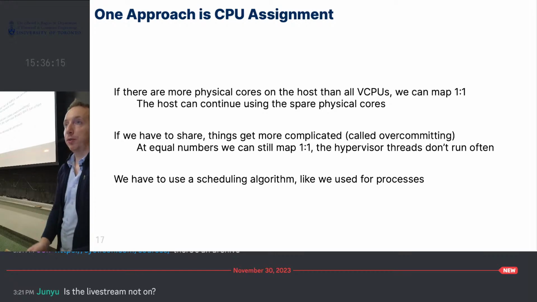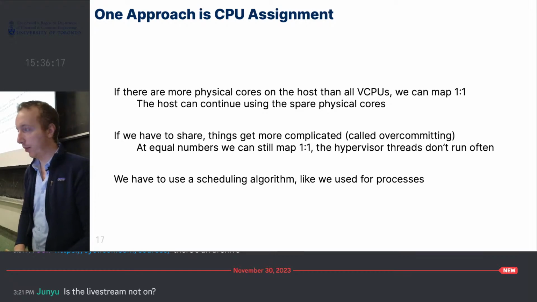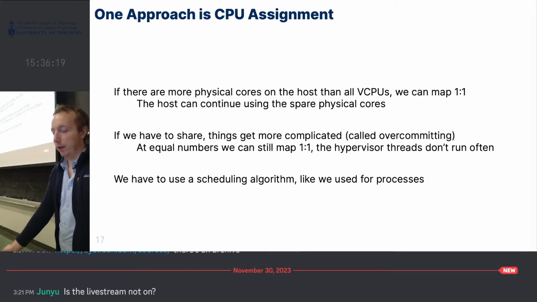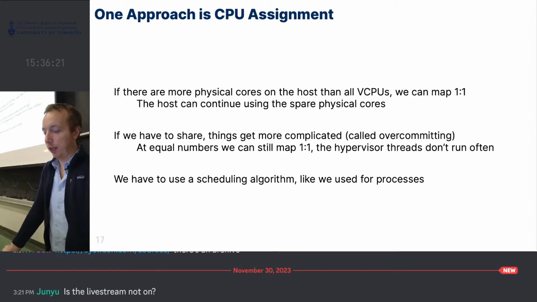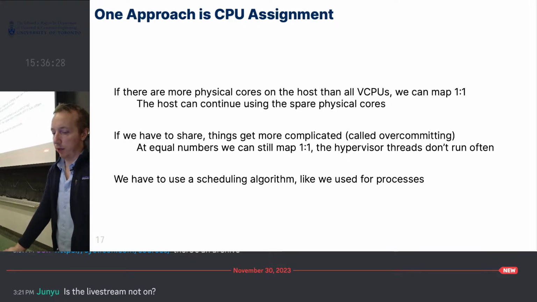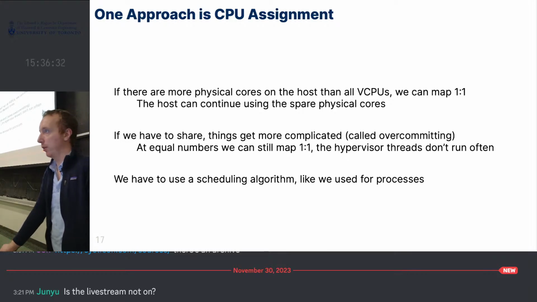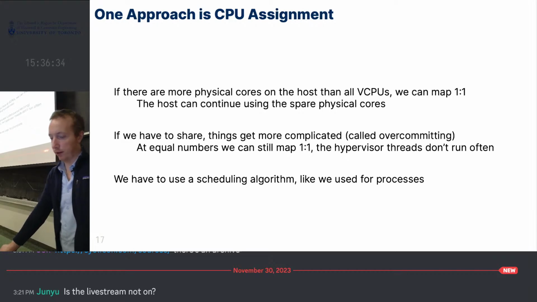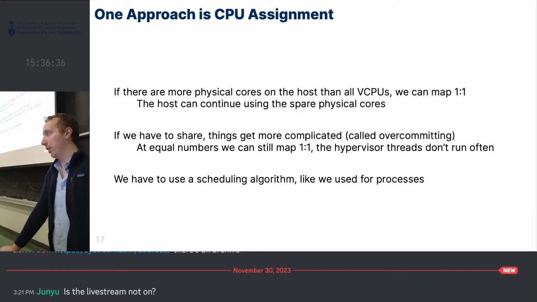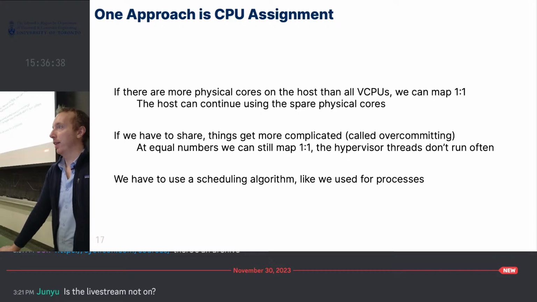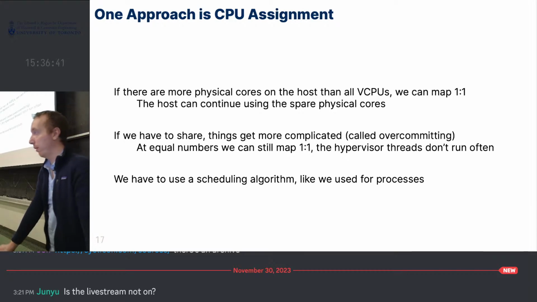So one approach to scheduling these is, like I said, CPU assignment. If there are more physical cores on your machine than all of the virtual CPUs across all the virtual machines, just map them 1-to-1. The host can continue using spare physical cores to do hypervisor things if it wants. And if you have to share, that's where things get complicated. That even has a special term for virtual machines, and it's called overcommitting.